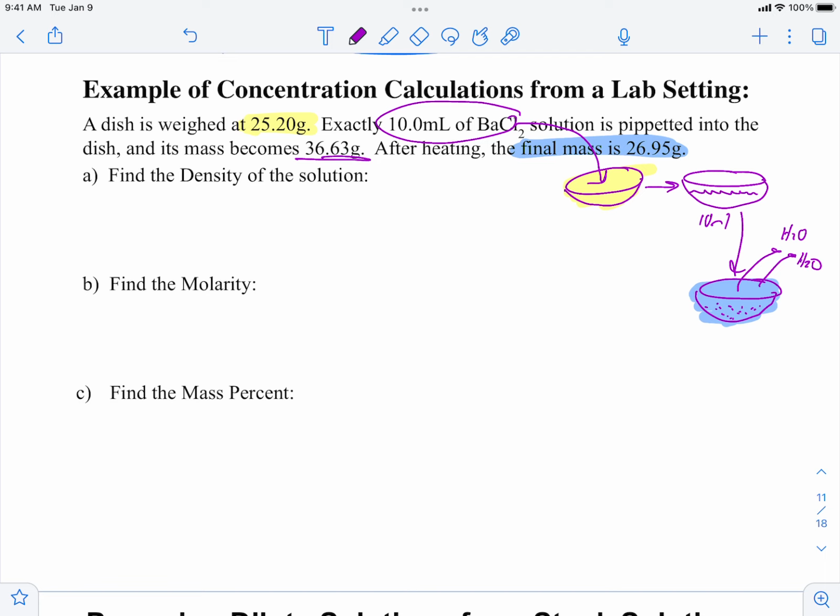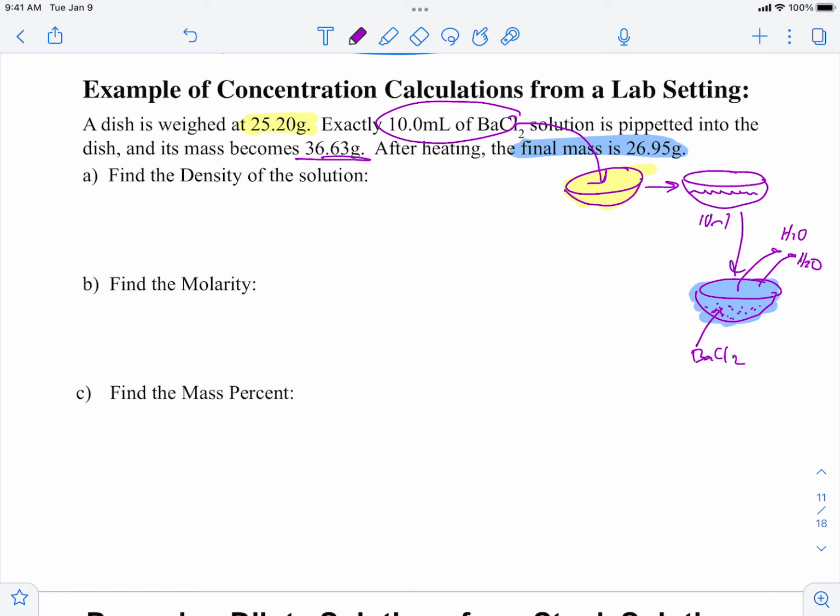So first, we need to understand what happened. We took a dish, we poured some liquid in it, we heated it, the liquid went away, and now there's a bunch of solids left in the dish. The solids left over, that's your solute. The solute was BaCl2, barium chloride. So we have a bunch of questions we can answer.